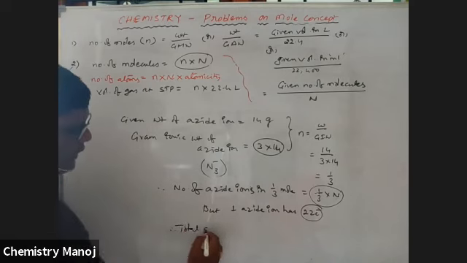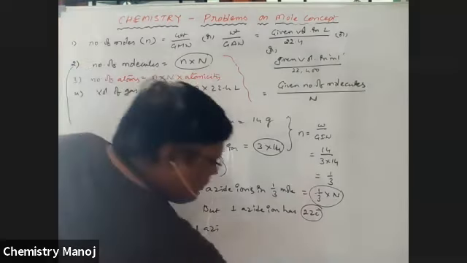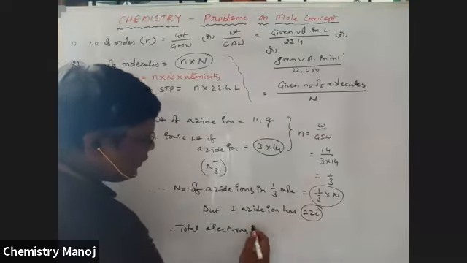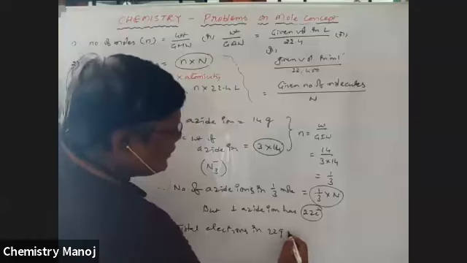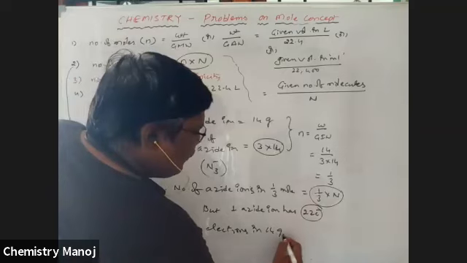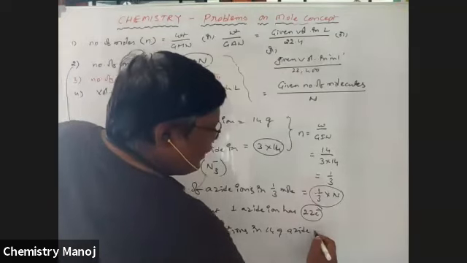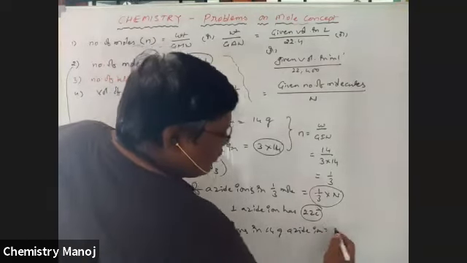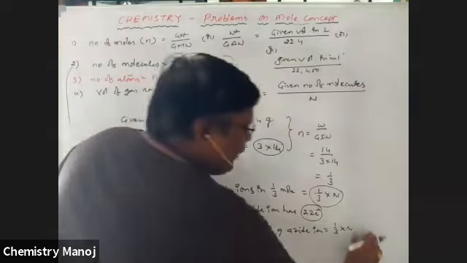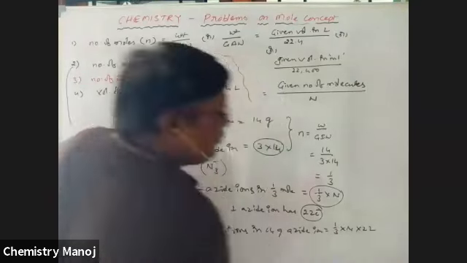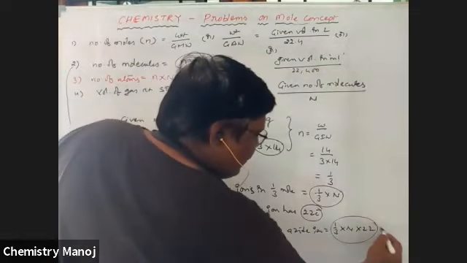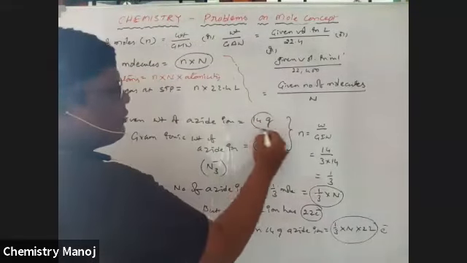Therefore, total electrons in 14 grams of azide ion is 1 by 3 into capital N into 22. So this much electrons are present in 14 grams of azide ion.